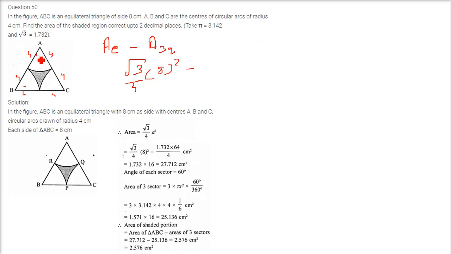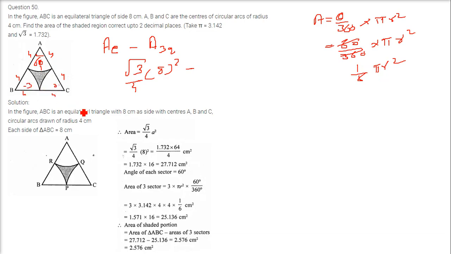We know that an equilateral triangle has angle 60 degrees. So what is the area of any sector? It is theta by 360 into pi r square. Theta is 60 here, so this goes 1 by 6 pi r square. Now we have 3 sectors here, 1, 2, 3, so we multiply it by 3.